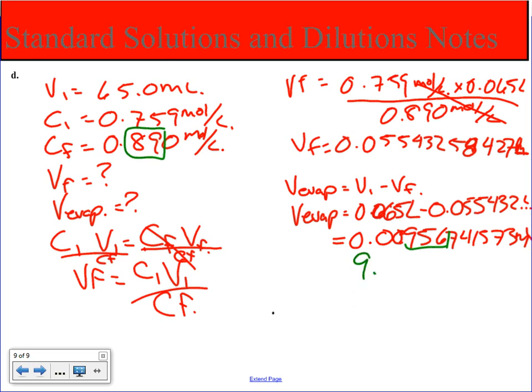So 9.57 milliliters. And if we look here at the answer, the volume of water needed to evaporate is roughly 9.6 milliliters. Not too sure why they reported it to only 2 significant figures when there are 3 in the entire question, but hey, that should be all right.